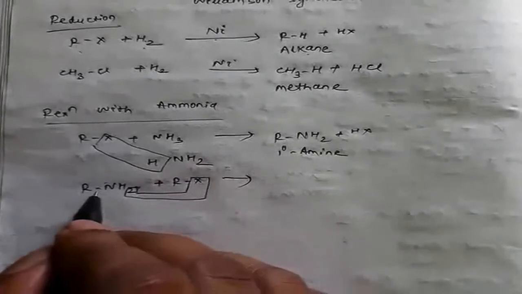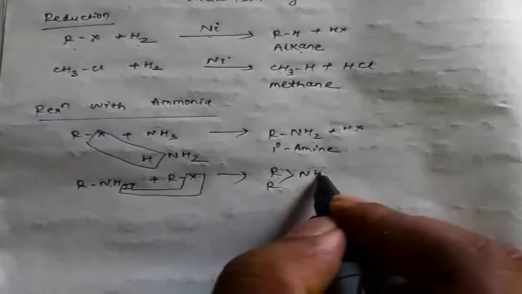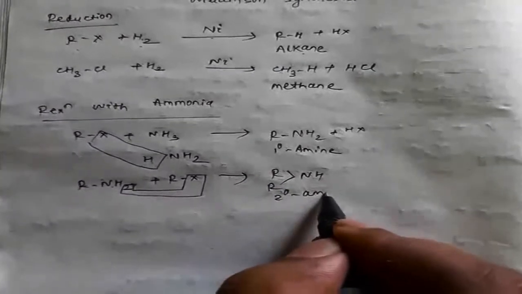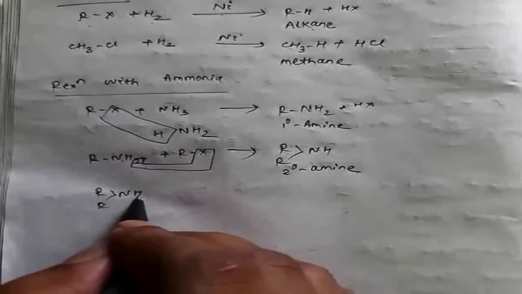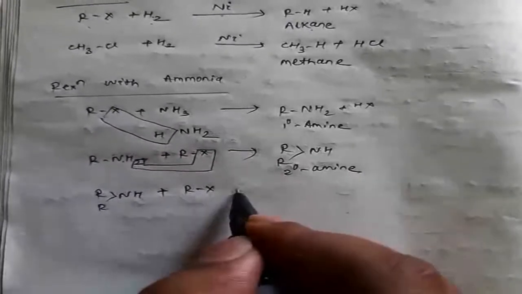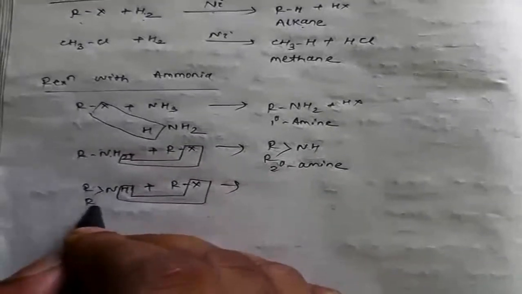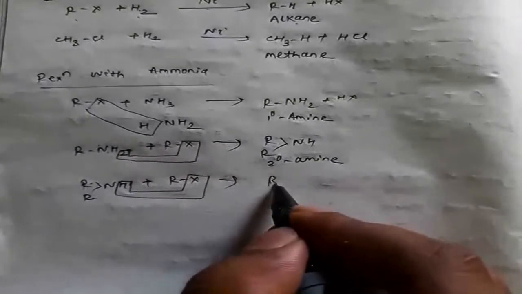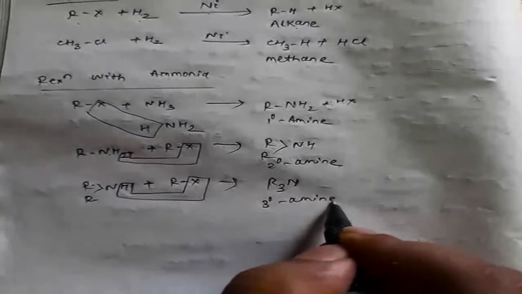So the product is 2 molecules of R and NH, that is secondary amine. Then secondary amine reacts with another molecule of alkyl halide, H plus X minus, that is HX. 3 molecules of alkyl group on N, that is tertiary amine.